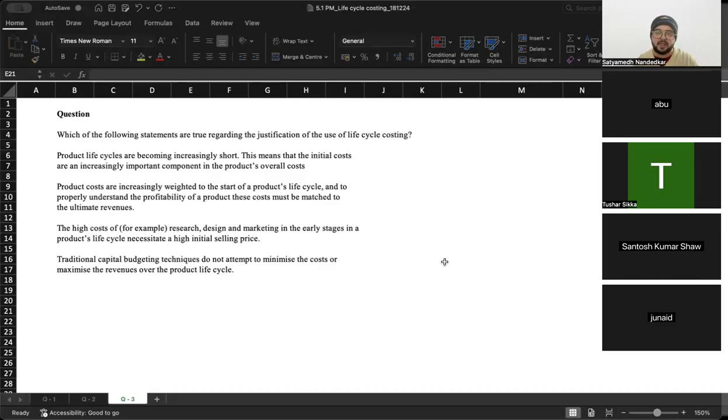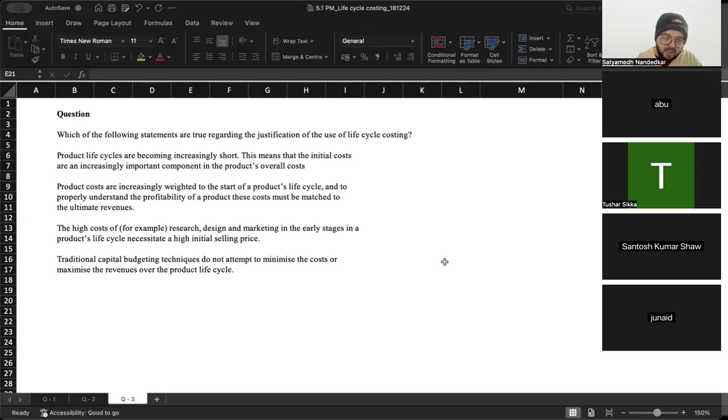So it does not necessitate a high selling price. In fact, the initial high costs are spread out over, although they are incurred at the beginning. In life cycle costing, you take the lifetime total and you divide by the total number of units. So cost per unit naturally gets lower, and it does not necessitate a high selling price.